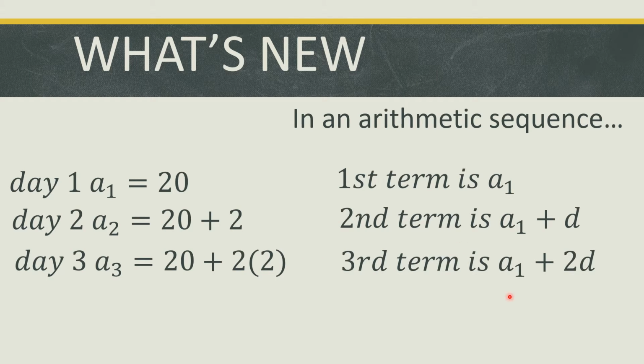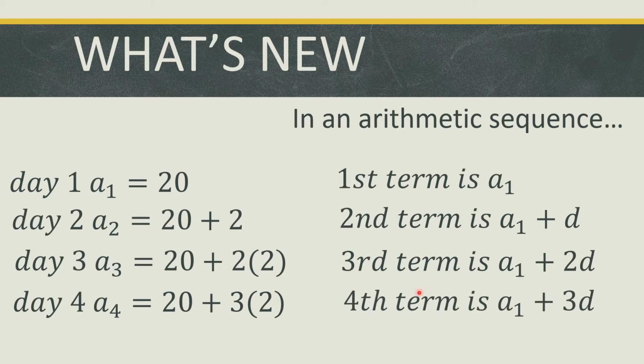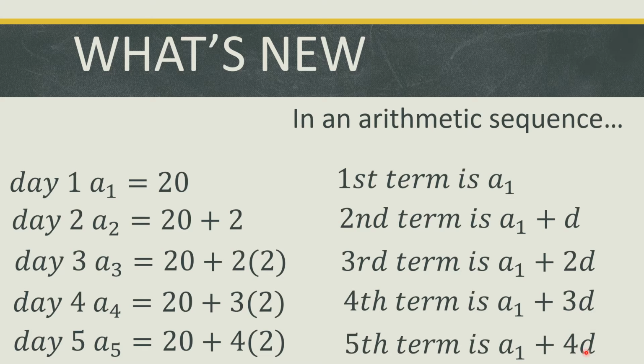Pero, same, nandiyan pa rin yung a sub 1. Sa 4th day, nag-multiply na tayo ng 3 sa common difference at inadd sa first term, or that is a sub 1 plus 3d. At sa 5th day, nag-multiply na tayo ng 4 sa common difference, kaya meron tayong a sub 1 plus 4d. That is on the 5th day.